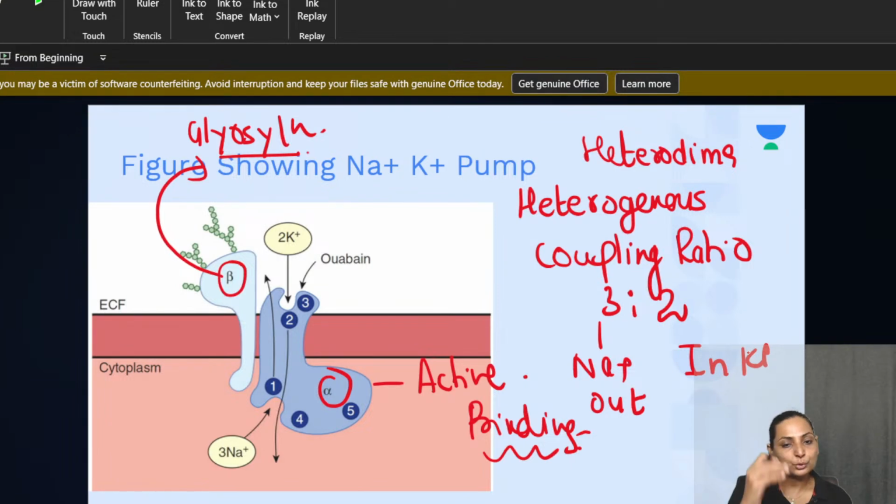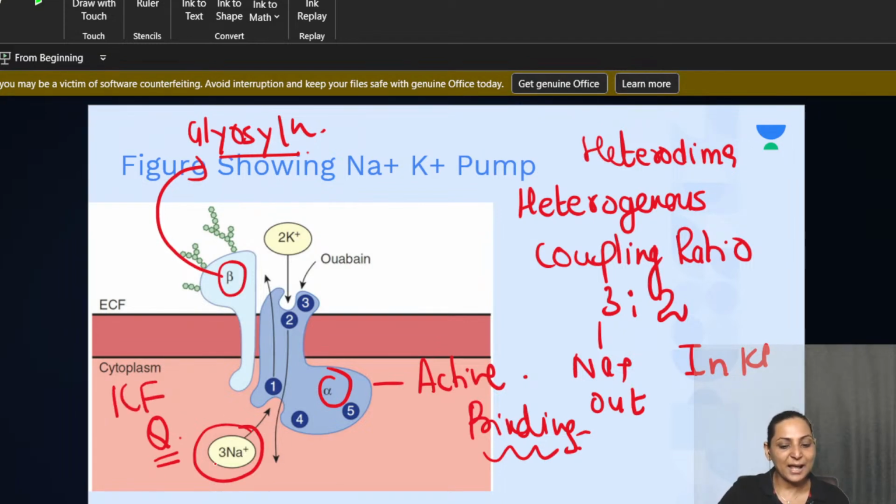Obviously, if you have to throw out the sodium, the binding site will be inside. So this is an image based question where you must know that intracellularly, this is inside, you will have the sodium binding site because you have to throw the sodium outside, whereas you have to get the potassium inside, right? So that is why the potassium binding site will be outside on the ECF.